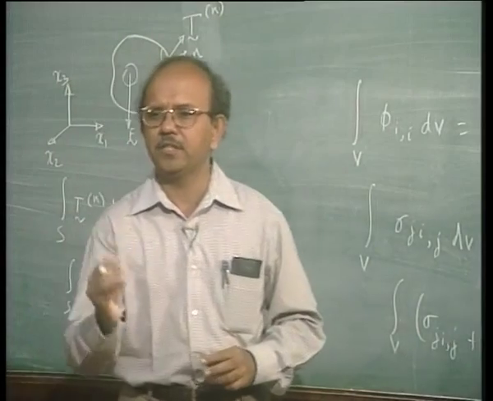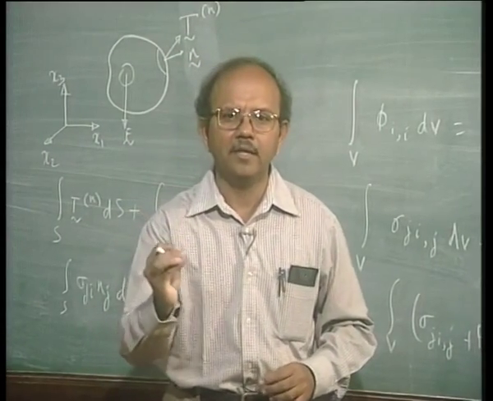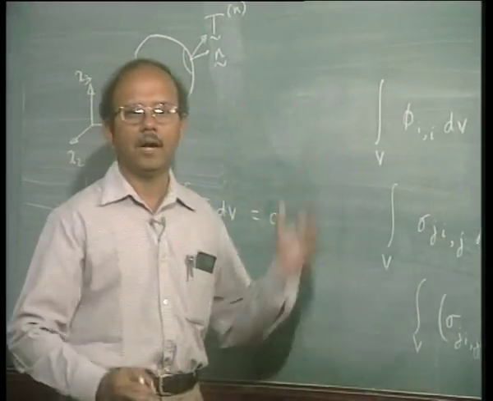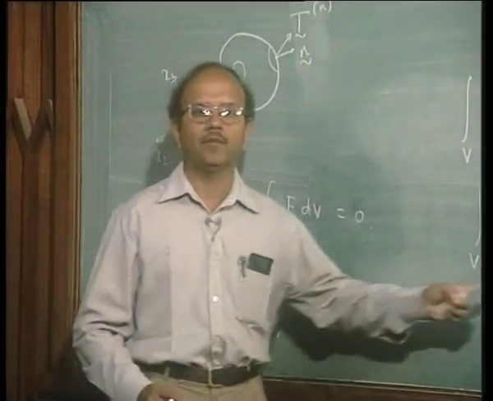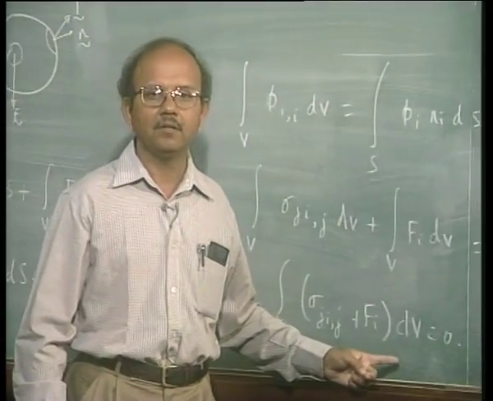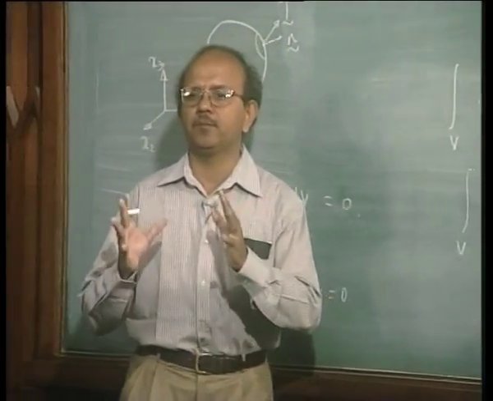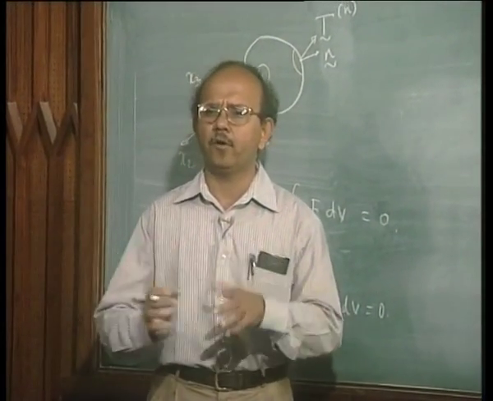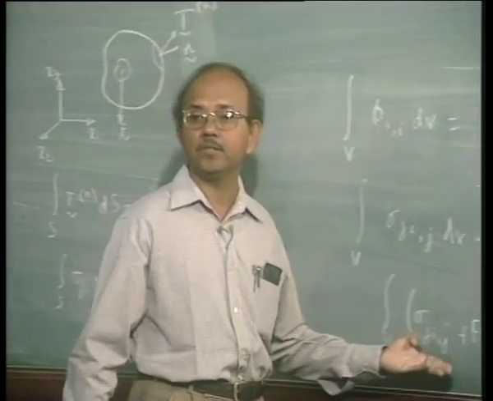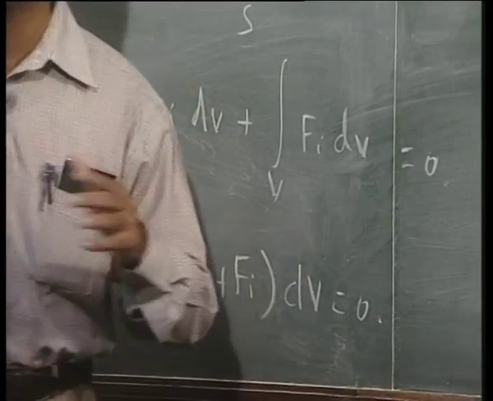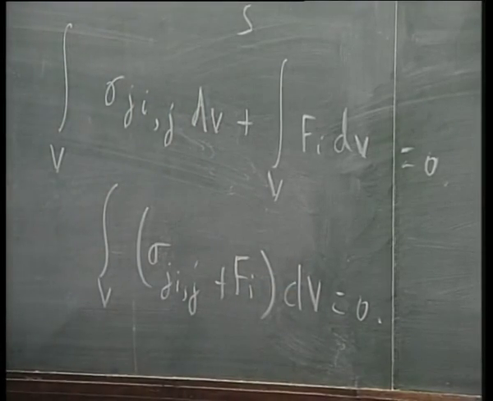I can consider an infinitesimal volume around a point, take this out, apply the same procedure, and I will get the same equation. So for every infinitesimal volume, or at every point that you can define, this equation has to be valid. What does that mean?